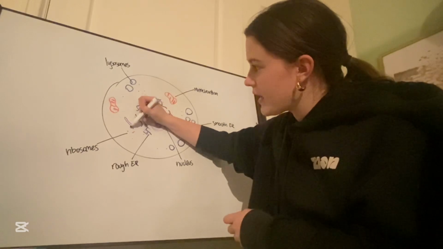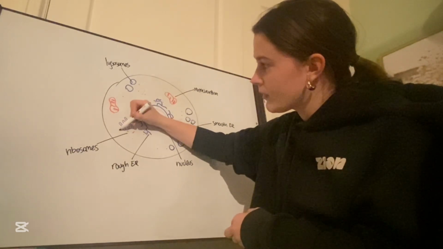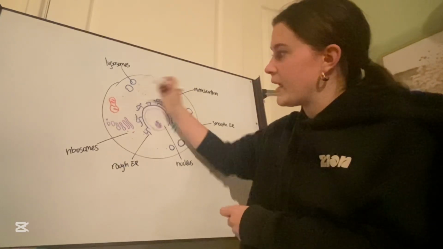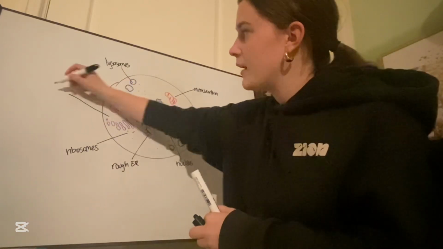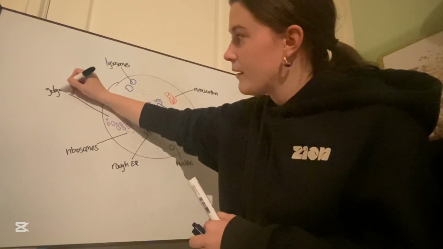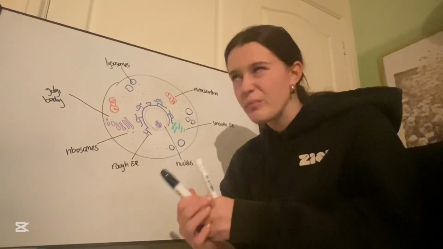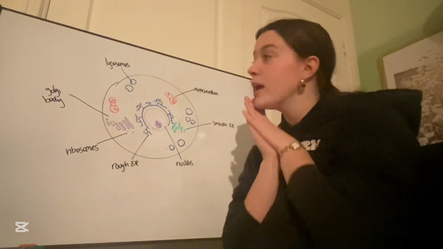That kind of looks like this, because it's making things. Or the Golgi body, either way, same thing. Golgi complex. I don't know why people have different names for the same thing, but anyways.